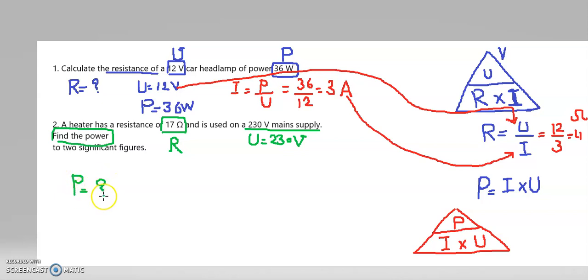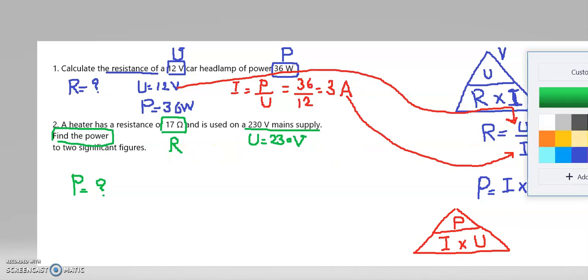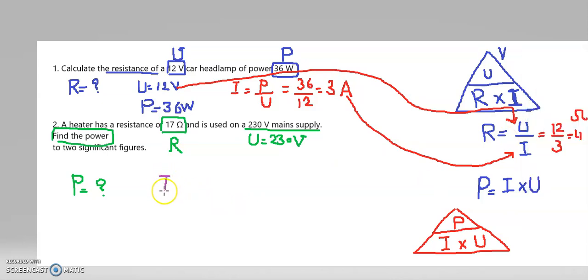But if I want to calculate the power, I need the current and the voltage. Here I only have the voltage, I don't have the current, but I have the resistance. So that means that I can use this formula over there. So first I calculate current. So put your hand on I here. I is voltage divided by resistance, which is 230 divided by 17.